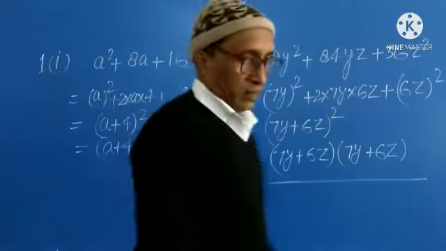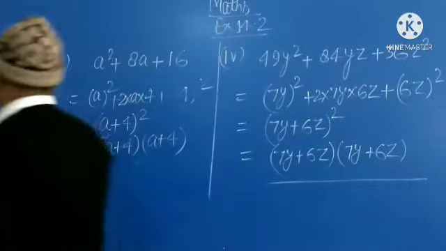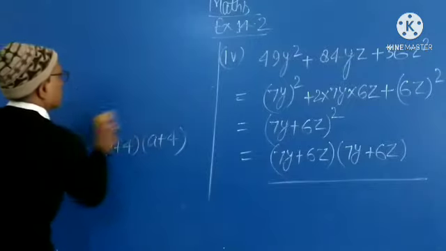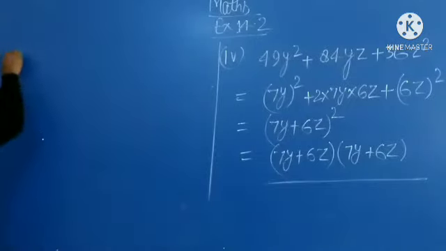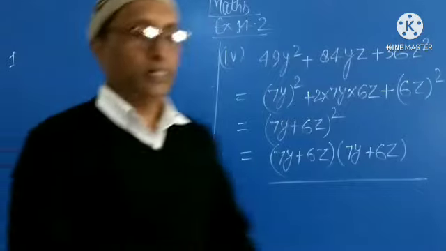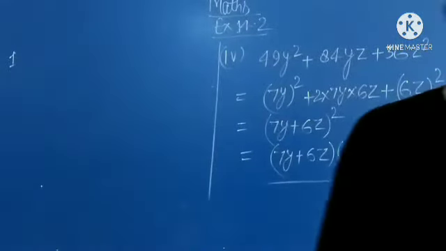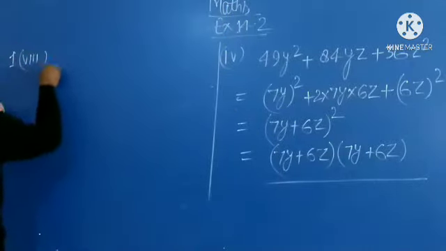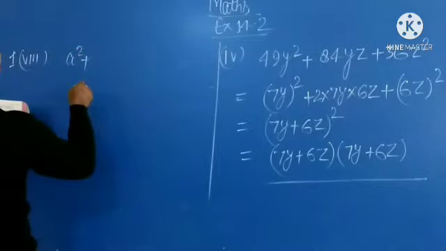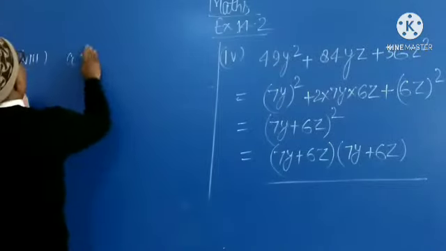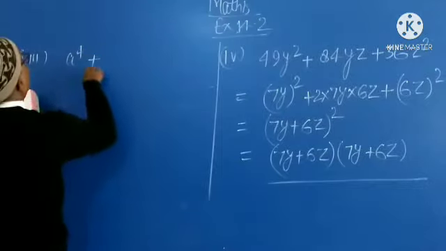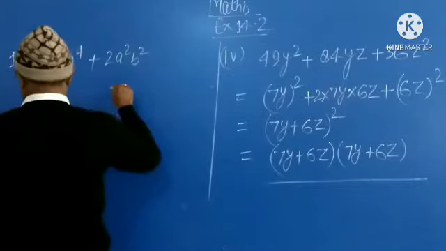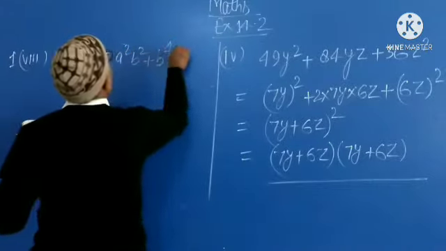Clear? Then your last part is a to power 4 plus 2a square b square plus b to power 4.